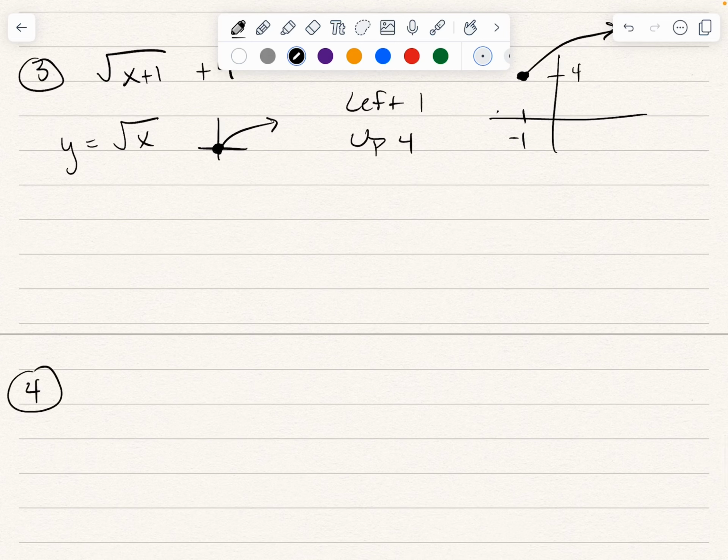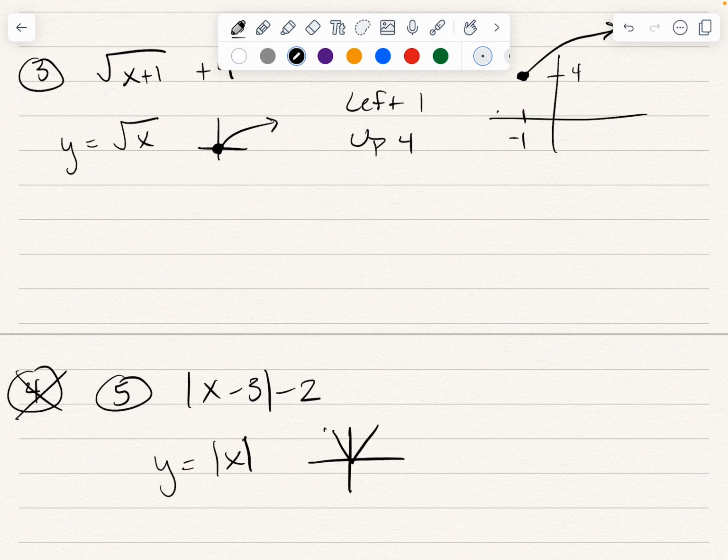Okay, let's look at number 4. Number 4 is a negative cubic. I'm not going to ask you about a negative cubic. So let's look at number 5, which is the absolute value family. The absolute value of x looks like a V. This minus 3 tells us to go right 3 and down 2.